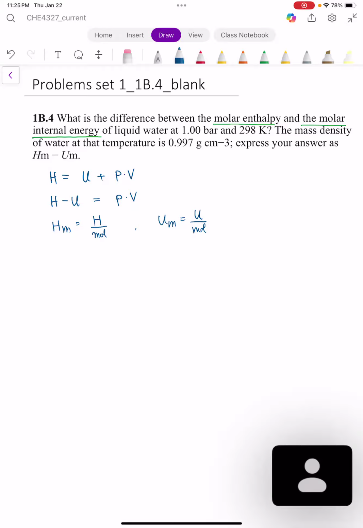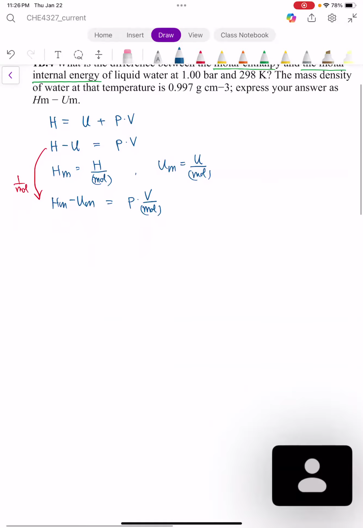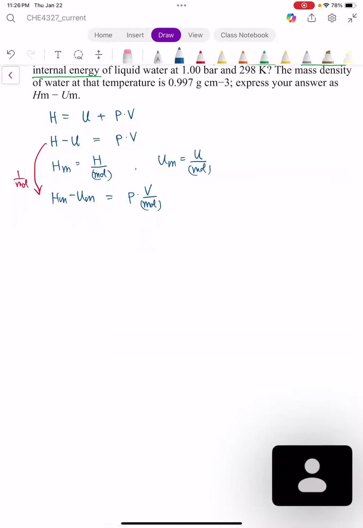So then to get HM minus UM, you just need to take this equation and divide it by the mole on both sides. And then you get P times V divided by mole. The same mole that you divide here is what will be happening on the right side of this equation as well.